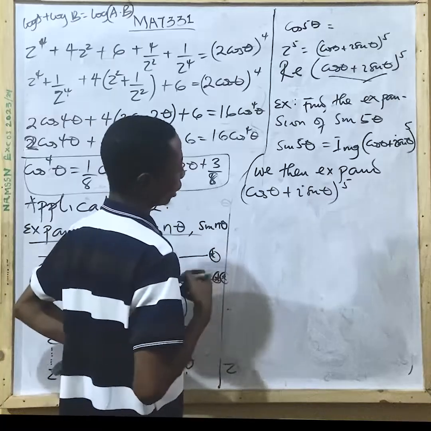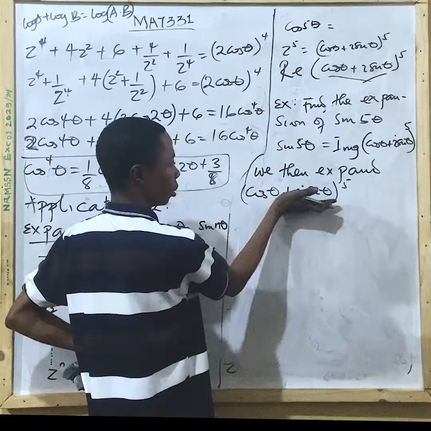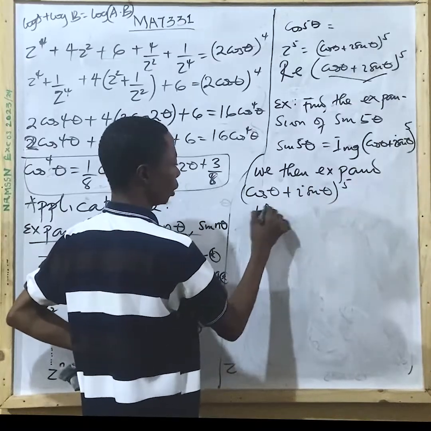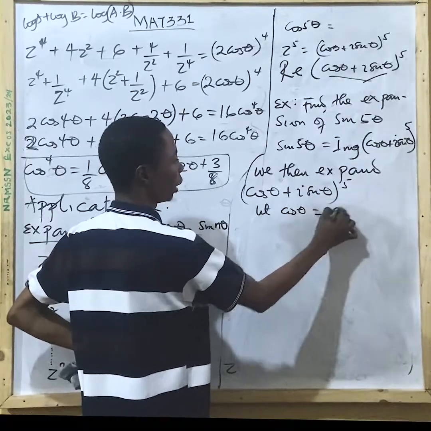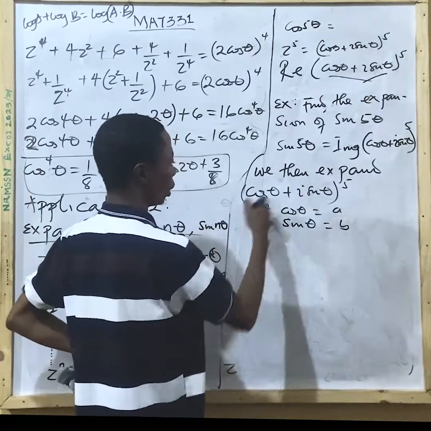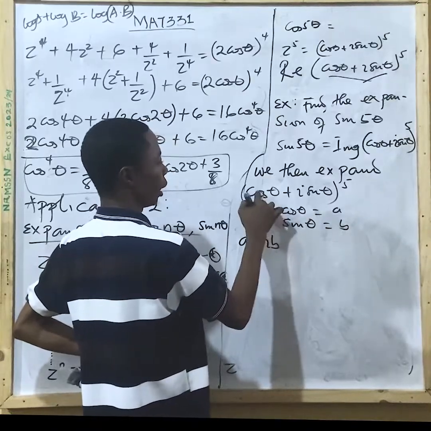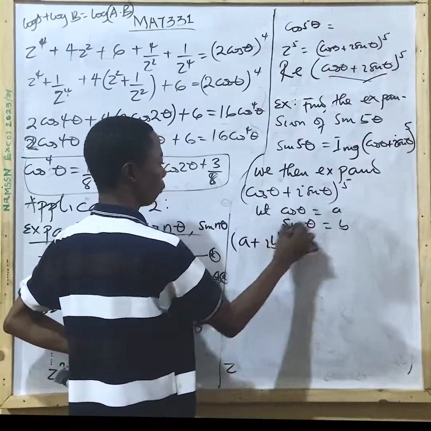Now to make my work easy, so this is what I want to expand. Let cos theta be A, and let sine theta be B. It means we need the expansion of A plus iB all raised to power 5.